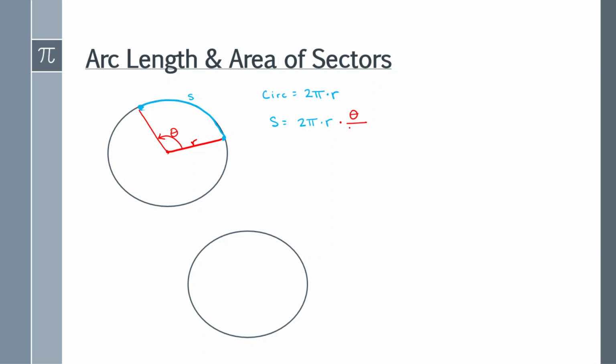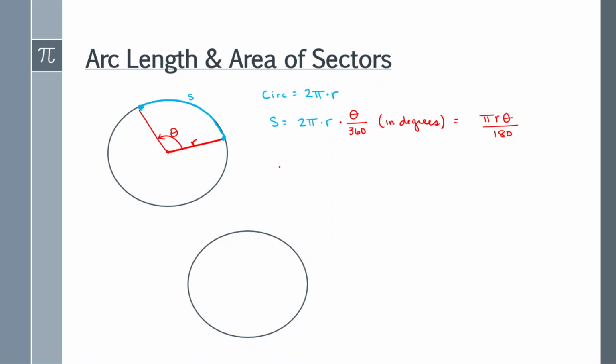and divide it by 360 if we're in degrees. And so that equals pi times r times theta over 180.